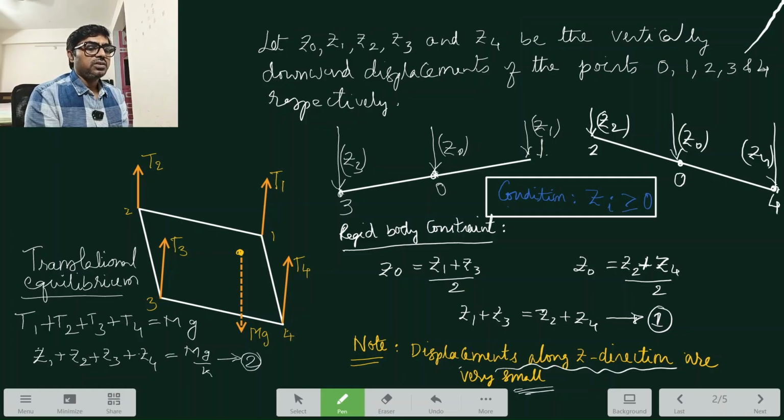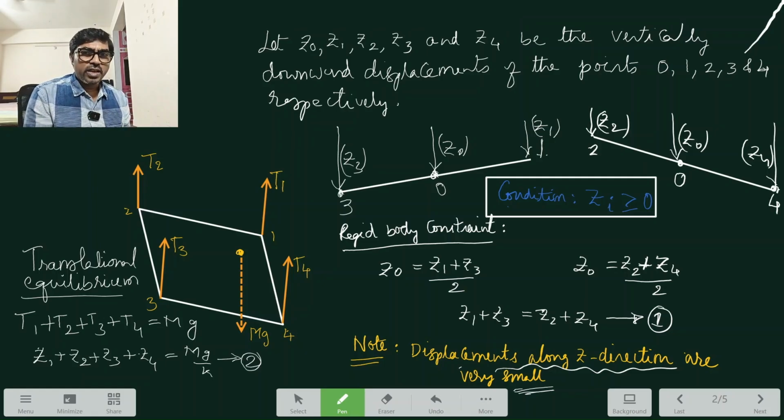Because it is a rigid body, the displacement of the midpoint is the arithmetic mean of the displacements of the ends. Displacement of 1 plus displacement of 3, upon 2, will be the displacement of O, because it is the midpoint. That is a rigid body constraint.